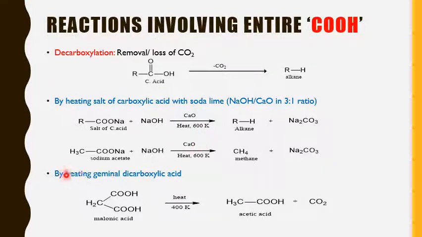And the next process is when you have a dicarboxylic acid, then also the COOH group will show the elimination of a CO2 group. How does it show? When you have two COOH groups on the same carbon, it is called a geminal dicarboxylic acid.